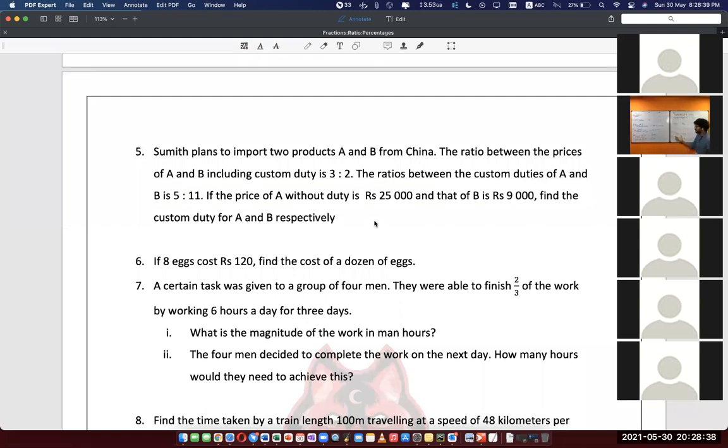Generally in your exam they can give this type of question. These questions are in your syllabus, but the hardest level you can get is from the ratios. So if you can understand this, you are good to go with ratios, the proportional thing.